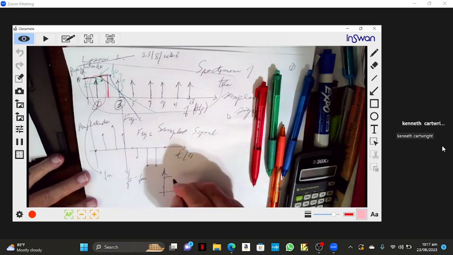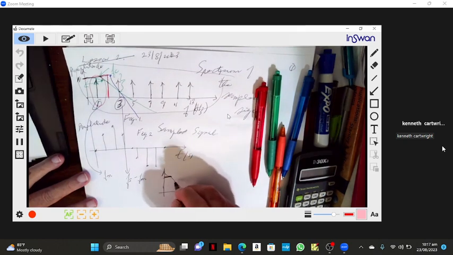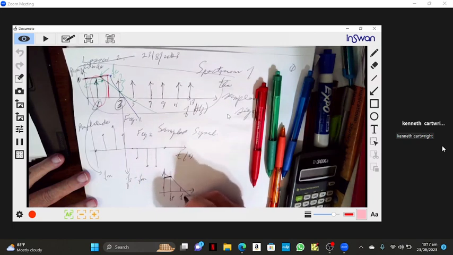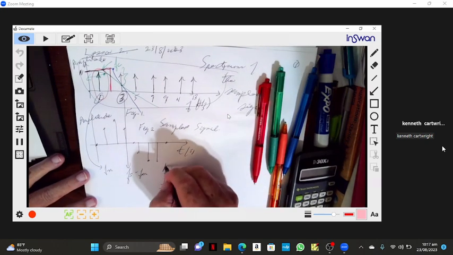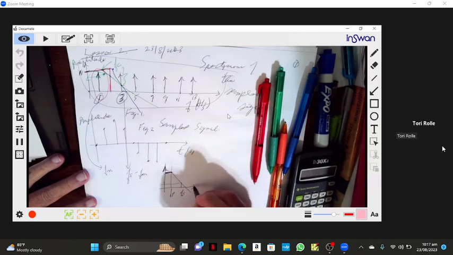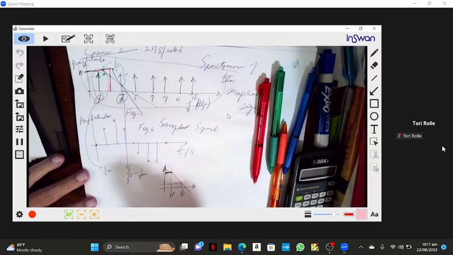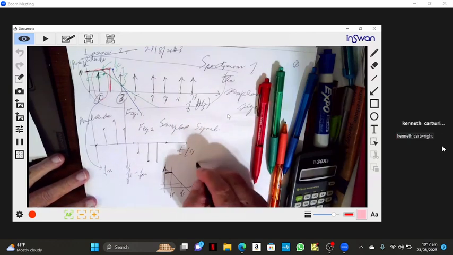Now, if you recall, the low pass filter from 410. Here's our FP. Here's our FS. What does FS mean? A sampling frequency? Absolutely not. This is a filter.